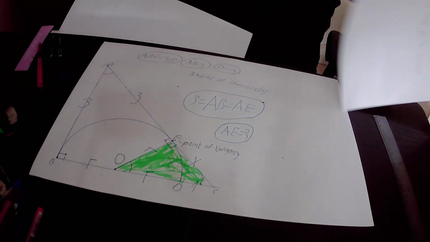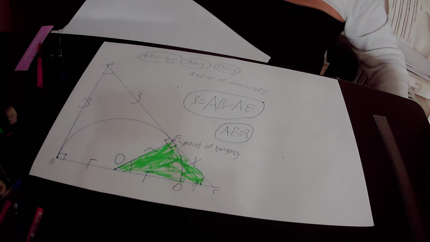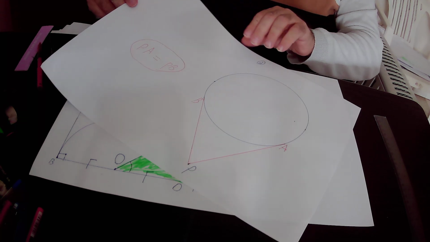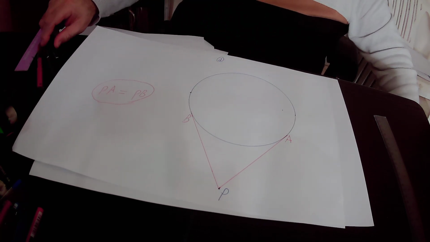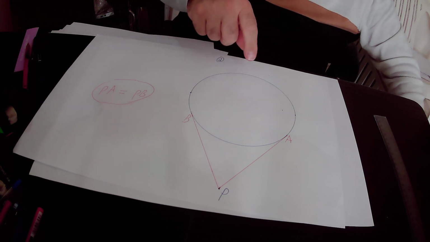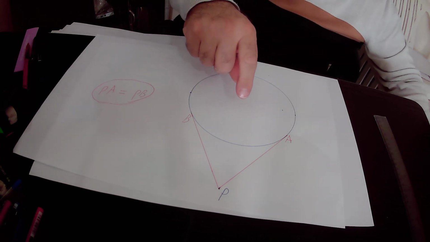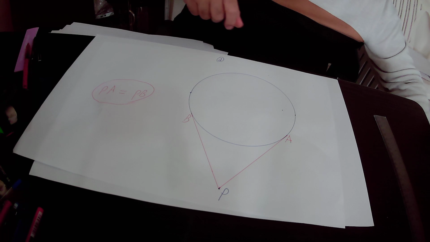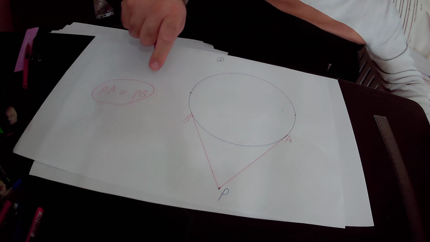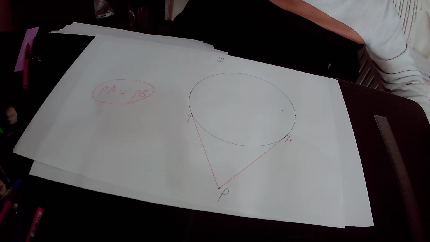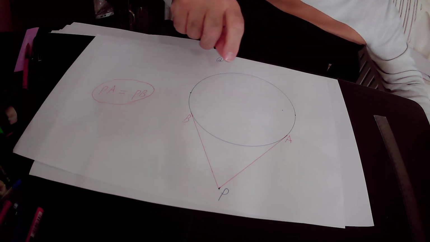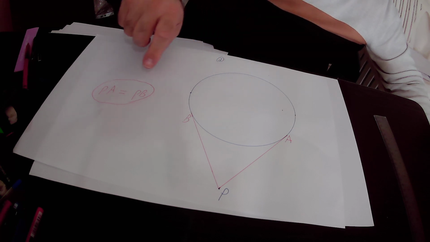If you have this blue circle and an external point P, and from P we draw two tangents to this circle, then the lengths of those two tangents will be equal to each other. That is to say, PA equals PB. Therefore, whenever you draw two tangents to a circle from an external point, their lengths will be equal to each other.